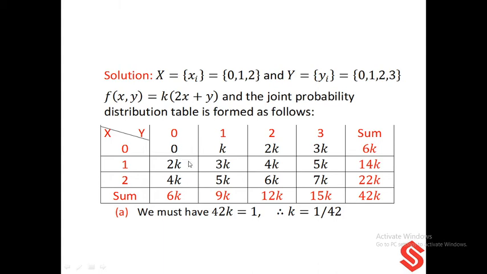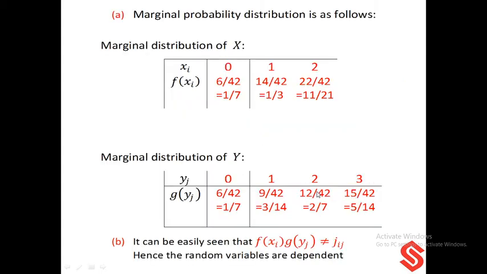So g of y1, that is 0 plus 2k plus 4k, that is 6k. We substitute the value of k here. Similarly, g of y2, g of y3, g of y4. So we'll get 6 by 42, 1 by 7, g of y2 9 by 42, 3 by 14, g of y3 12 by 42 is 2 by 7, and g of y4 15 by 42 is 5 by 14.